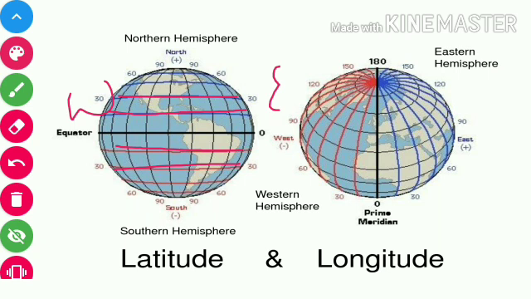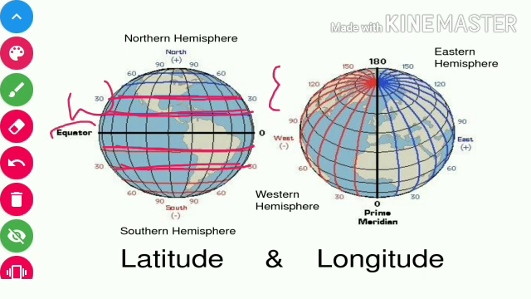So, the full circles which run from east to west are parallel to each other. Look at the picture. These lines are not meeting. They are not intersecting each other. They are parallel to each other. Is it clear to you? Equator is the largest parallel.